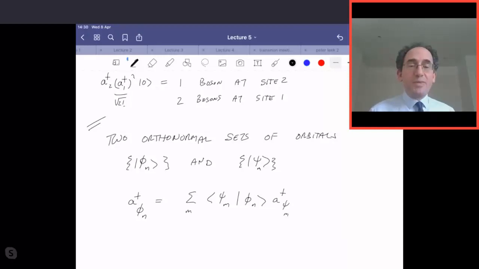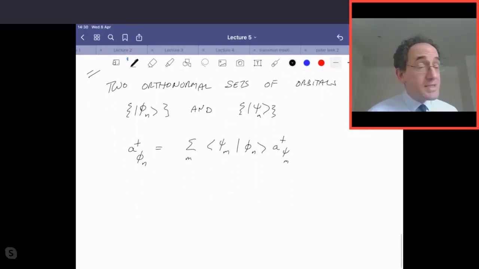And this is the formula that always gives me trouble. I always get confused as to whether it's this matrix element or the complex conjugation. This is the correct way to see it. You're creating a phi orbital at the end of the day, not a psi orbital.